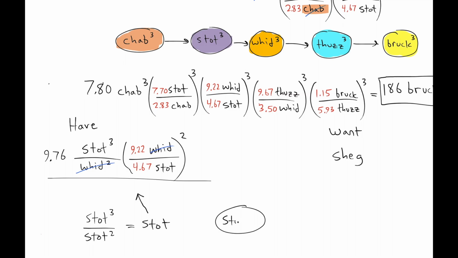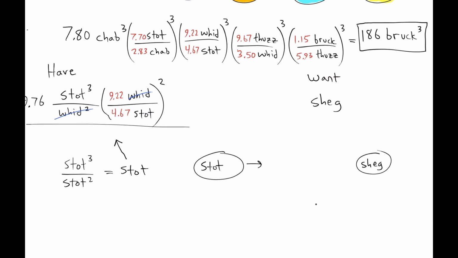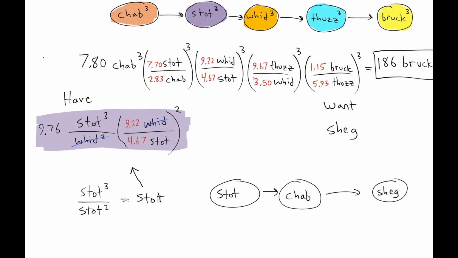So we ultimately now need to go from stat to sheg. And according to the equivalencies that are given, that will require 2 steps. We'll go to chab, and then we can go to sheg. So all of this is the unit of stat. Let's now introduce a conversion factor to take us from stat to the next step, which would be chab.